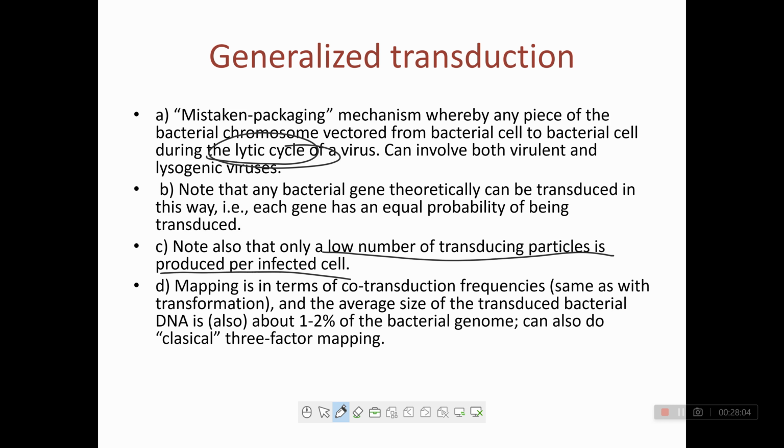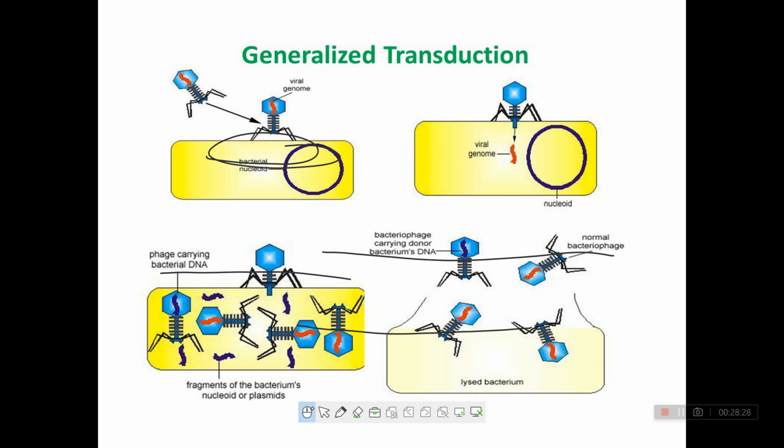In terms of co-transduction frequency, the average size of the transduced bacterial DNA is about 1 to 2% of the bacterial genome. So you can also do classical 3-factor mapping.